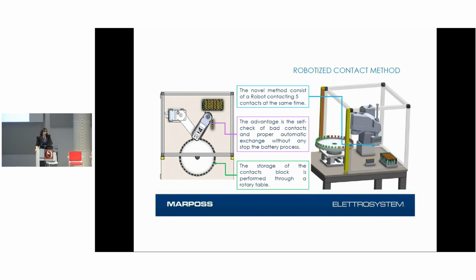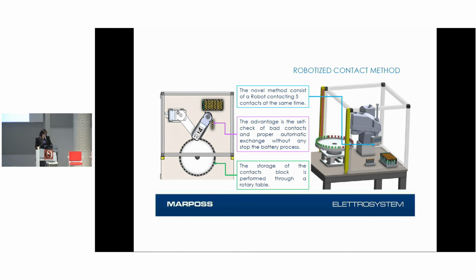The composition of the machine is really easy: we have the fixture for the module, and after that we have the gripper block of our robot, in which there are 5 contact blocks for each terminal of the cell.